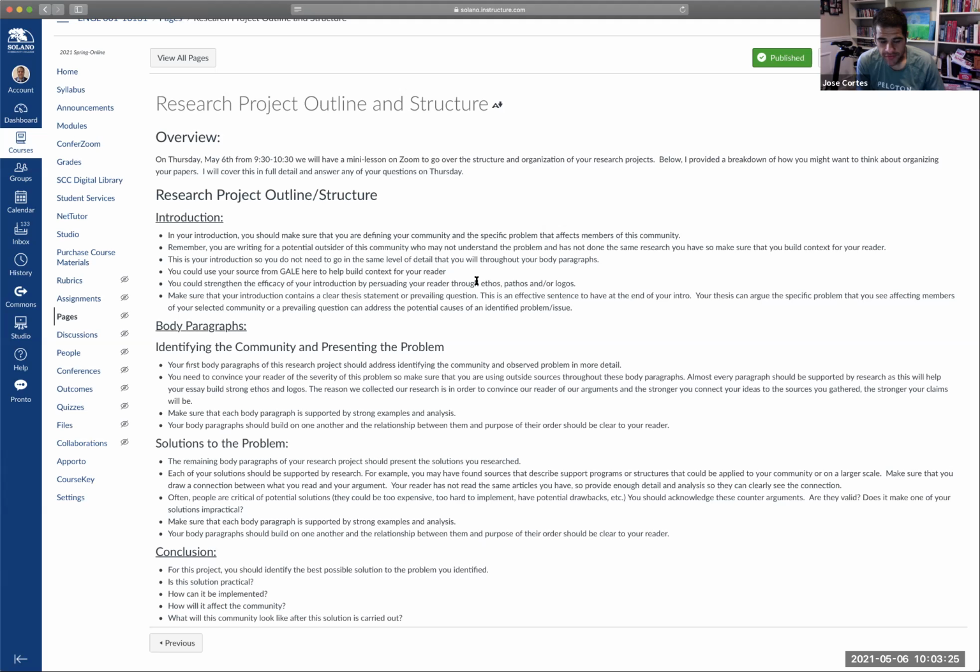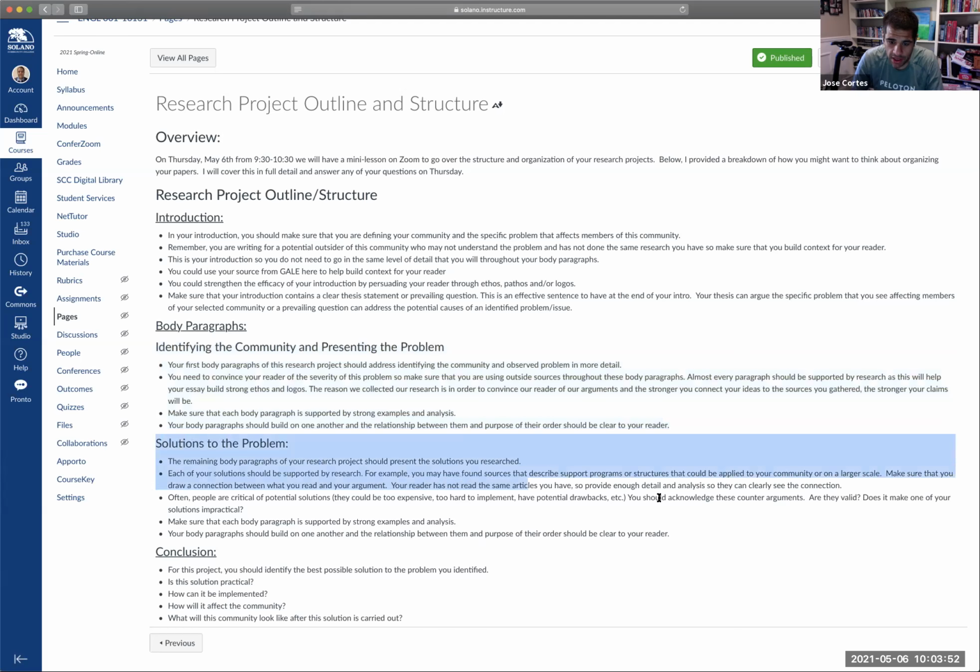The body paragraphs for this essay, or the body of this essay, you should think about being broken up into 2 parts. Each one of these parts, identifying the community and presenting the problem, and solutions to the problem, should be several body paragraphs each. I would imagine this section, identifying the community and presenting the problem, should be at least 2 or 3 paragraphs.